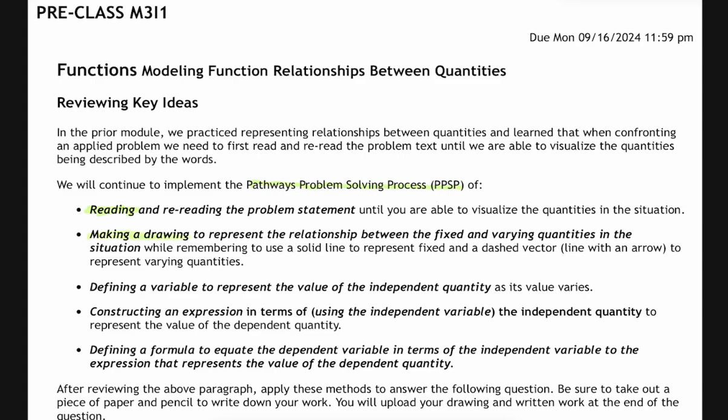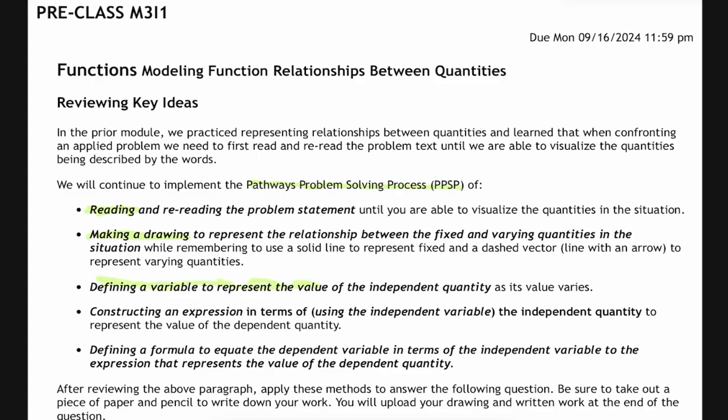Next thing you'll notice, when I was doing those problems, like when Lisa was walking one way and the other person was walking another way and they're meeting in the middle, remember I always drew that picture. As you get ready for calculus, drawing that picture becomes super important. Defining a variable to represent the value of the independent quantity.